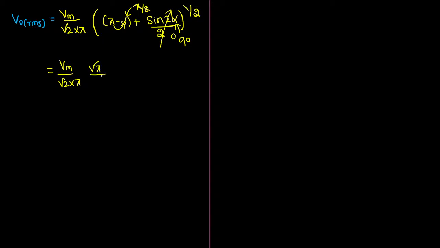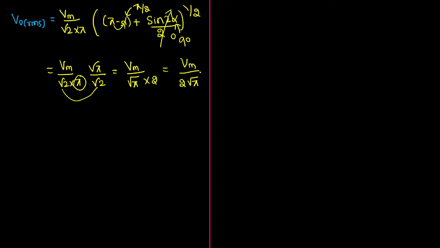Root of pi by 2 can be written as root pi by root 2. So root 2 into root 2 becomes 2. This pi can be written as root pi into root pi, and one root pi is cancelled. So Vm divided by 2 into root pi. This is the final answer.